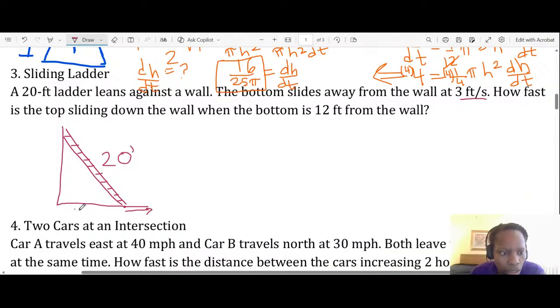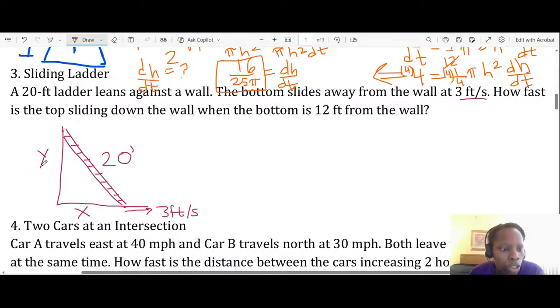Okay, let's call this x. Let's call the height y, from the top down to the floor. Okay, so if the bottom is sliding away at 3 feet per second, how fast is the top?